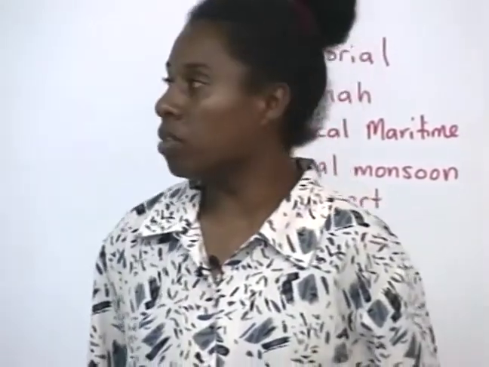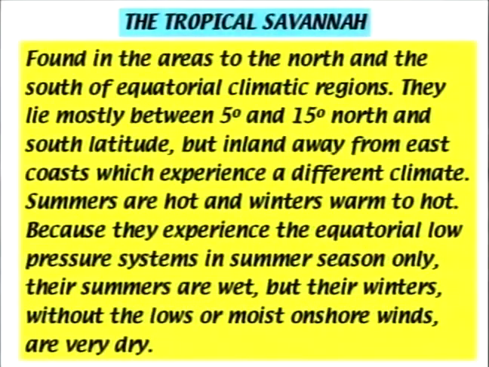Let's find out a little bit about this climate type. It is found in the areas to the north and to the south of equatorial climatic regions. Tropical continental or tropical savanna, they lie mostly between 5 degrees and 15 degrees north and south latitude. But it is also important to note that they lie inland away from east coasts, which experience a different type of climate.